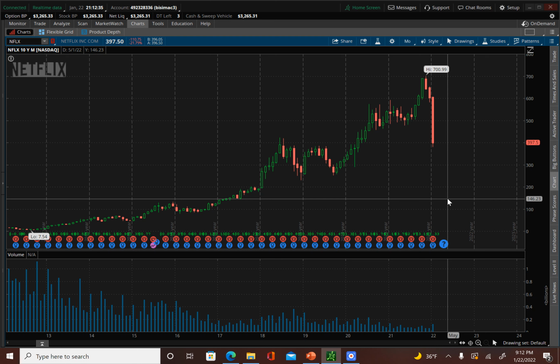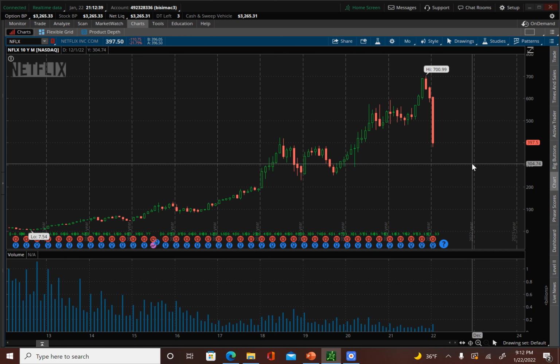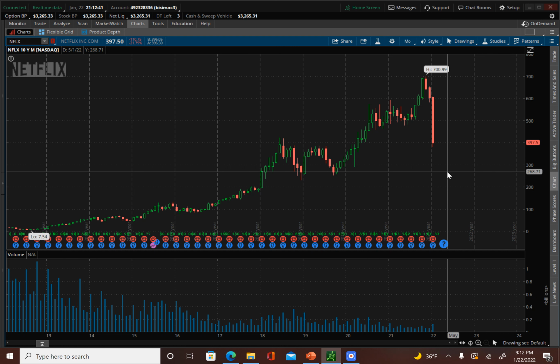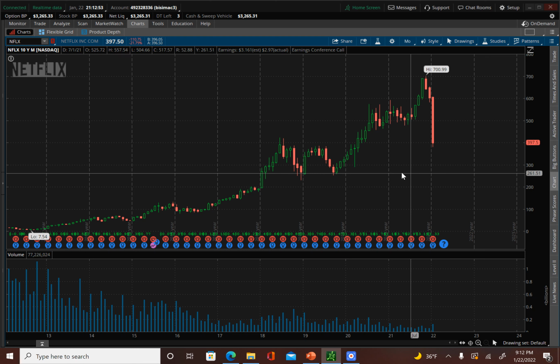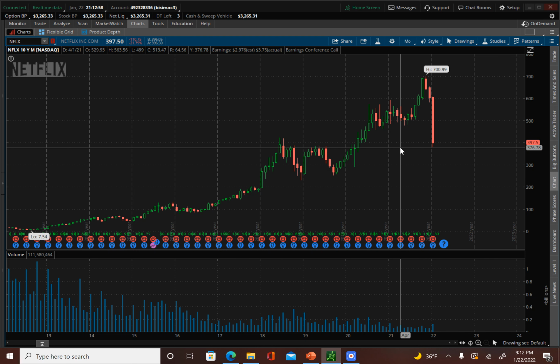Even at $140, it's still a several 100% gain from 10 years ago, if not like 1,000 or something percent. So take that for what it's worth. If you want to do more research on that, feel free to do so. But I just thought it was something I would share. I thought it's particularly relevant in light of the market cycles that we're talking about in this video. So I just felt like I would share that with y'all.